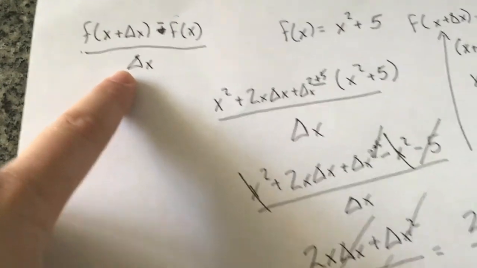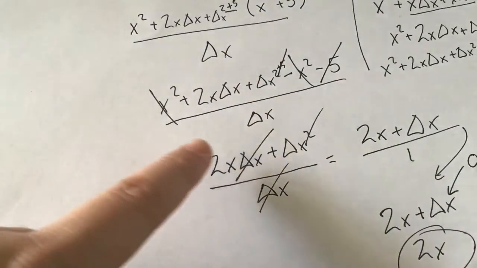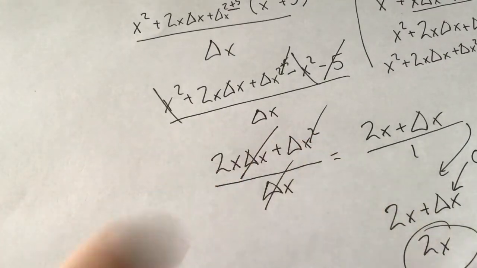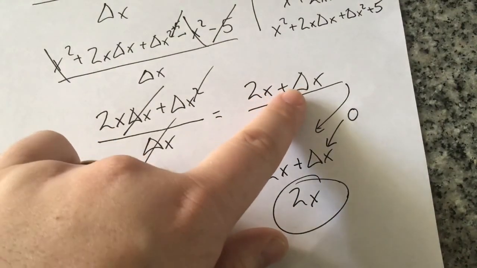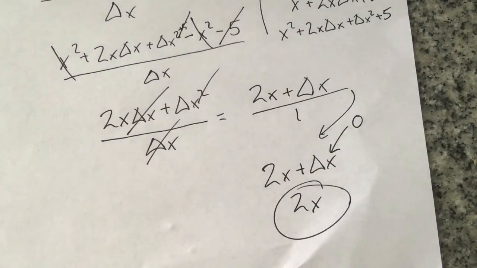So we had to work this out so that we could cancel out, so that we could remove the delta x's from the problem in order to get just this one left in the numerator. And then we are able to substitute in the 0 at that point, once we no longer are invalidating the equation by making that substitution.